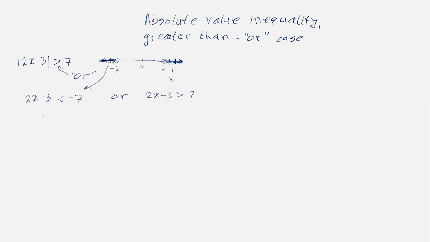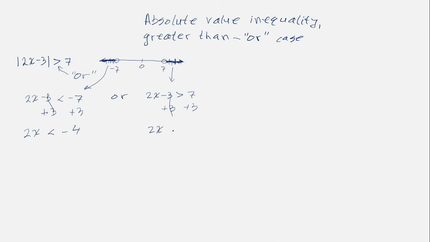To solve them, which means to solve for x, we need to move everything away from x. So in this case, we need to add 3 everywhere. So this will go away. We'll get 2x is less than, and this will make negative 4. And then in this case, the 3's go away.